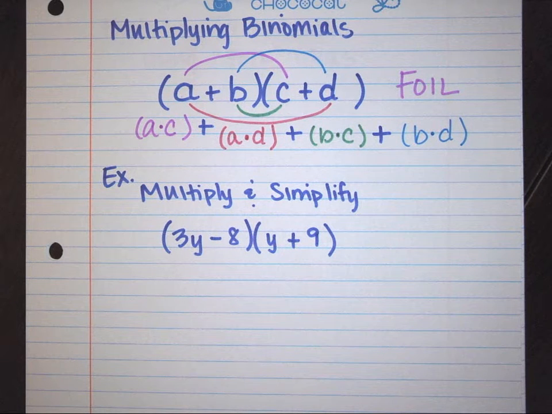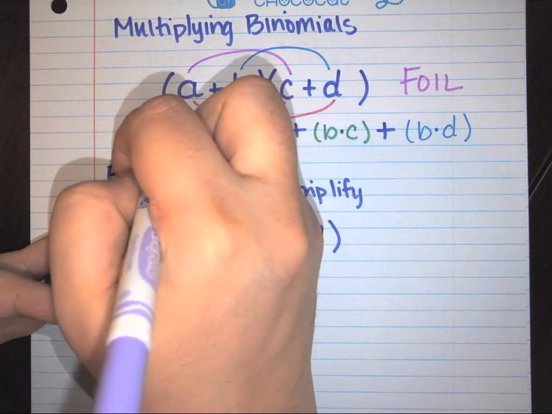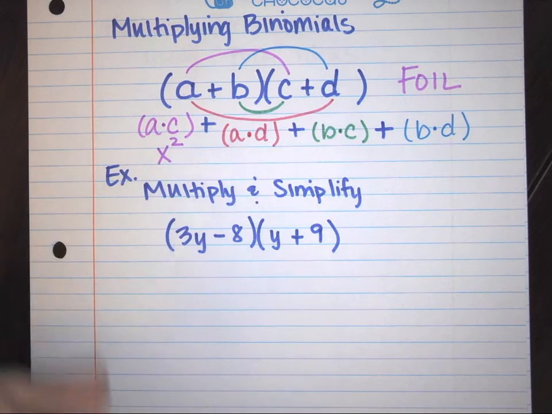Now the other thing that you would keep in mind about all of these terms is that they each are going to reduce down to different parts of your equation. So here this first term is going to be your squared term.